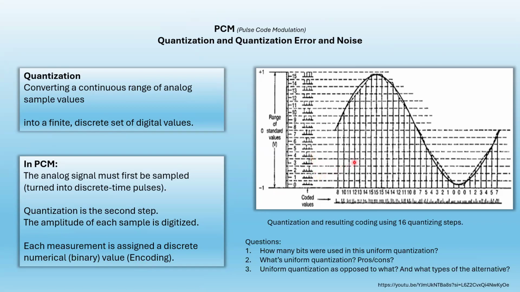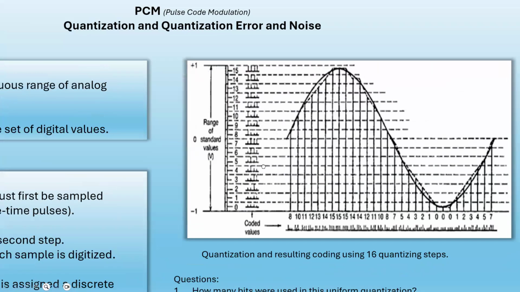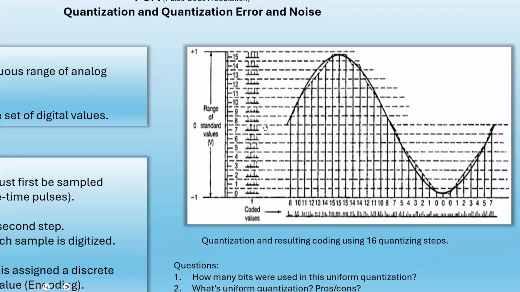Over here, we have a sine wave that is being sampled. So here is the frequency of the sampling. Here is the granularity of the vertical representation, how fine we chop this thing vertically.